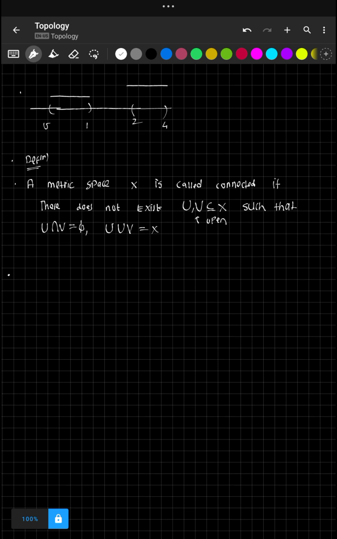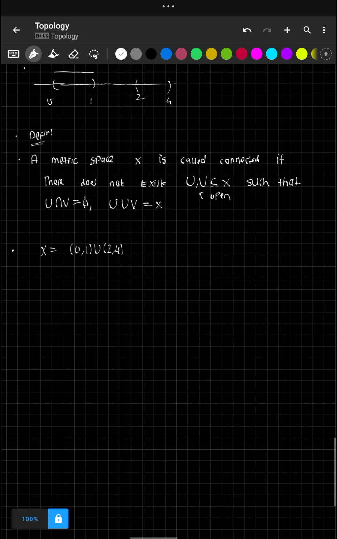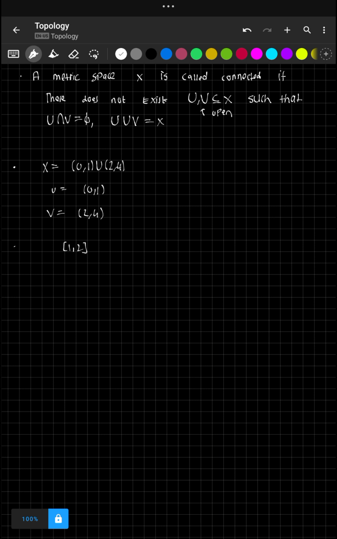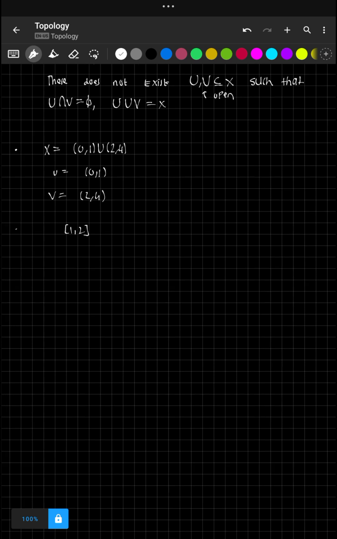Let's look at some examples. Say you have a set X; then you can have U as (0,1) and V as (2,4). These are disjoint and the union of these is your set X. But if you have something like the following, such a decomposition does not exist, and it would be a nice exercise to prove why.